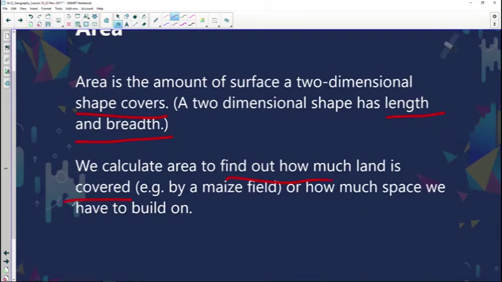It can be because of crop farming, cultivated land such as maize farming, or to see what's been built on.